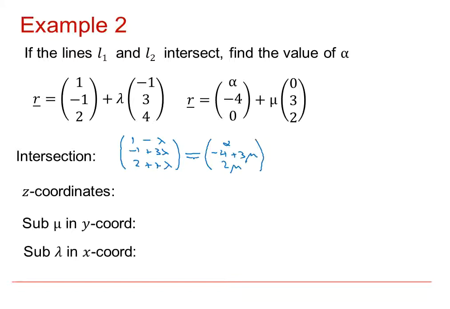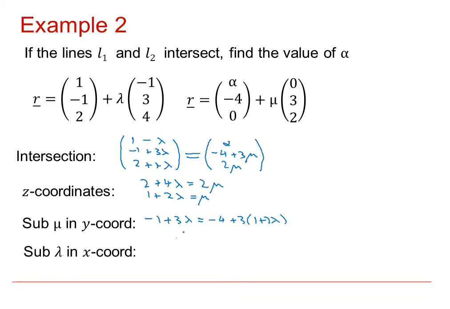If we look at the z coordinates first, we've got 2 plus 4 lambda is 2 mu. If we simplify that, we get 1 plus 2 lambda is mu. And if we substitute mu into the y coordinates, we get minus 1 plus 3 lambda is minus 4 plus 3 lots of, and we can substitute for mu now.